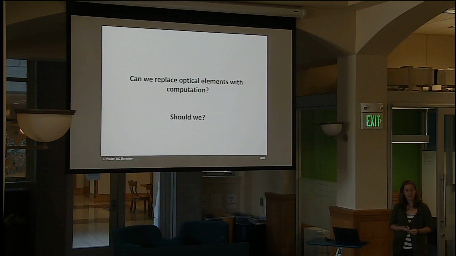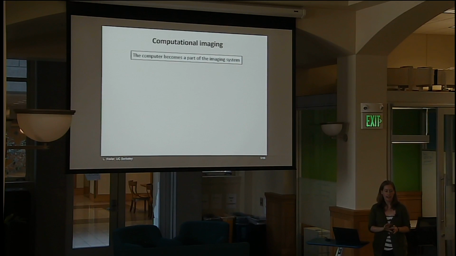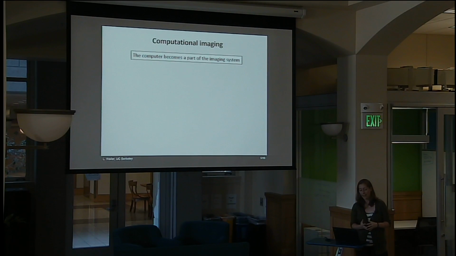And it's not an obvious problem how you can do this kind of thing. But that's the idea of computational imaging. But we actually go beyond that. We're trying to design imaging systems, both in terms of the hardware and the software together. So we need to know both optics and image processing to do this. I want to show some examples today of microscopes specifically that go beyond just correcting the image.